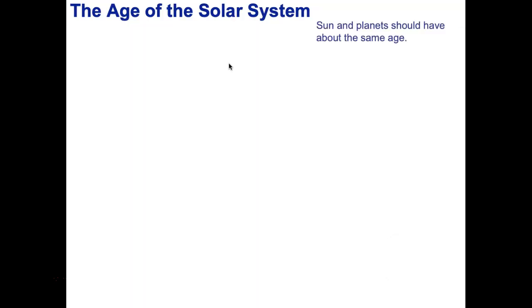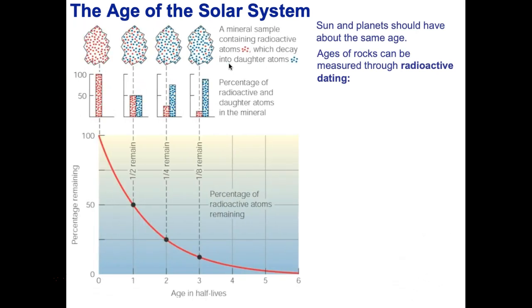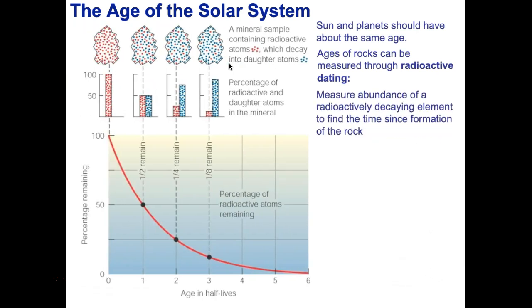Now, the age of our solar system is determined using a number of techniques. One of them is radiometric dating. So radiometric dating basically means that we're looking at the isotopes of a radioactive element, and we're watching it over time. And as the radioactive element decays, it has something called a half-life.